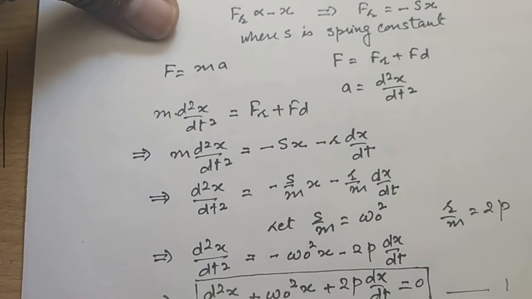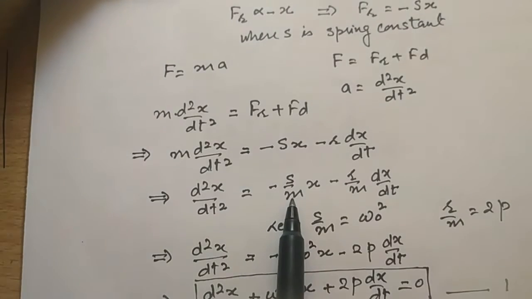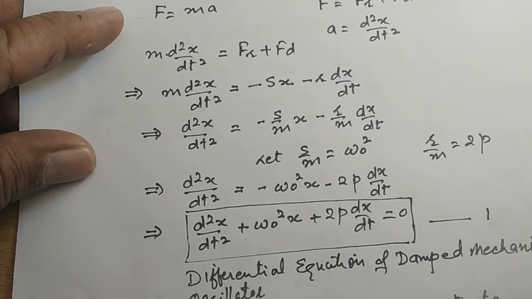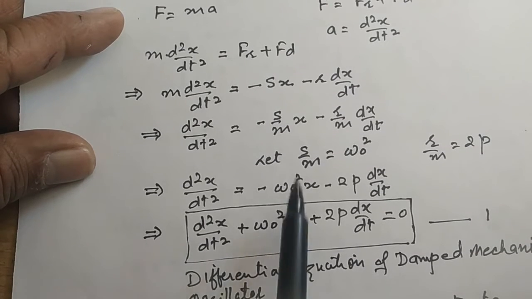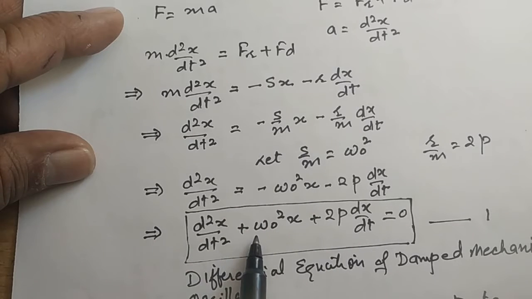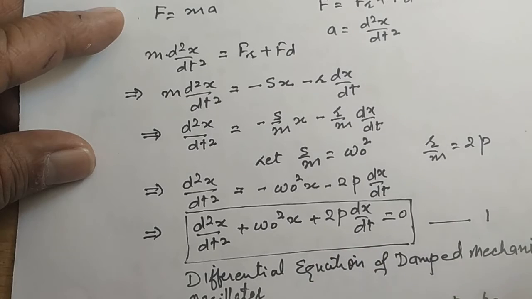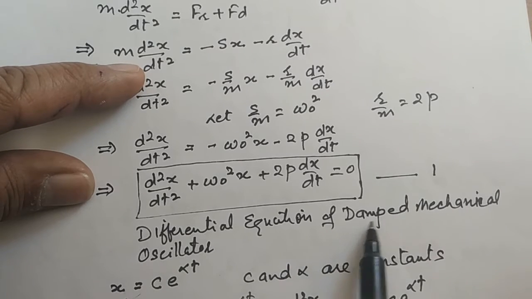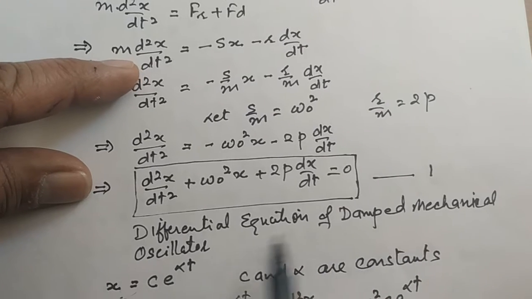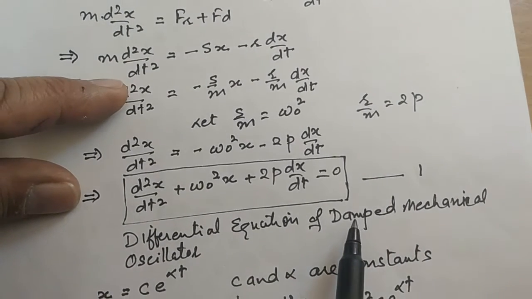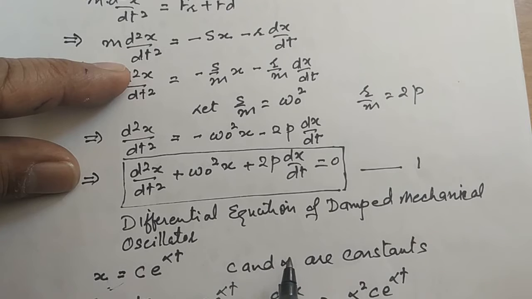By putting these two factors and substituting the values in this equation, we get d2x by dt square plus 2p dx by dt plus omega naught square x equal to 0. We take it as equation number 1, and this equation is called the differential equation of the damped mechanical oscillator. It is a mechanical oscillator. We have taken a mass moving on the frictional surface of the table.